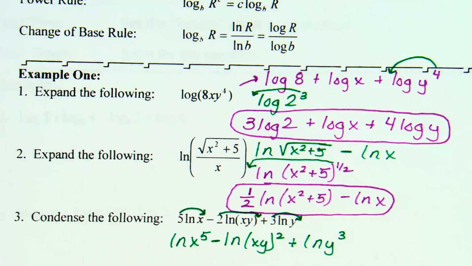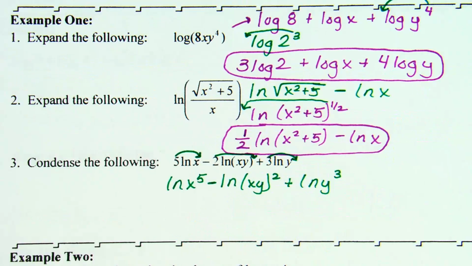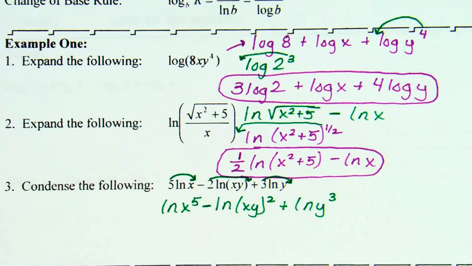Now, there's a couple different directions we could go here. What are the pieces you see? What are the types of things we're going to be doing in the next couple of steps?